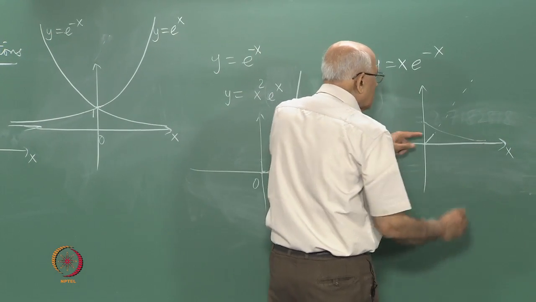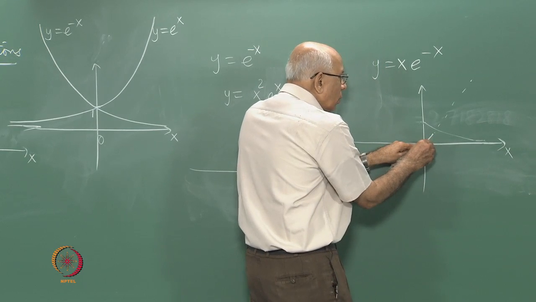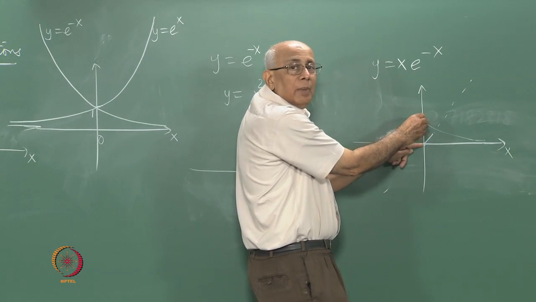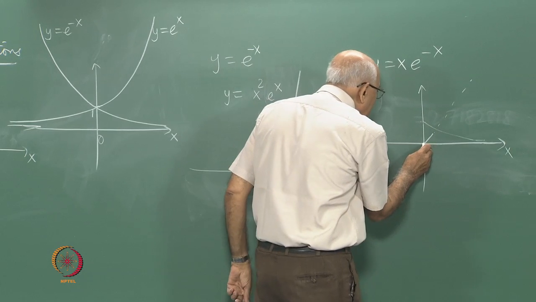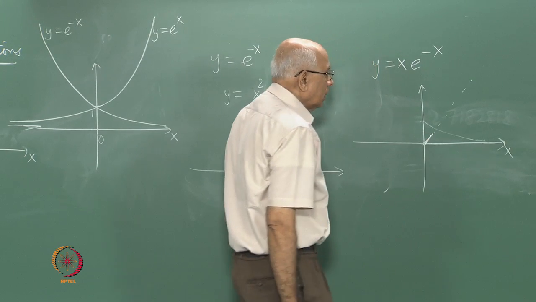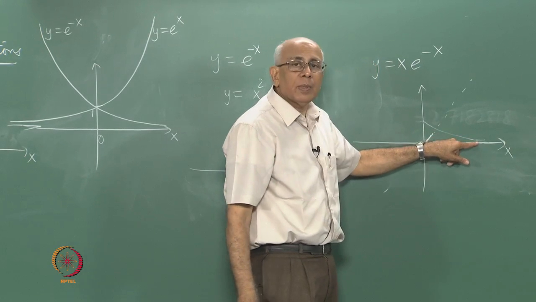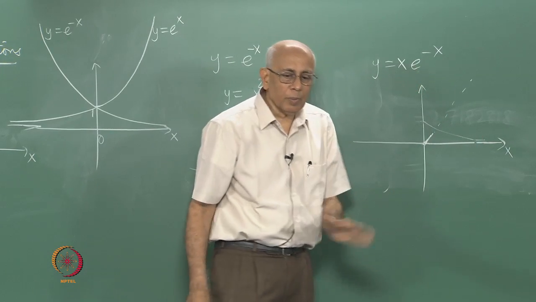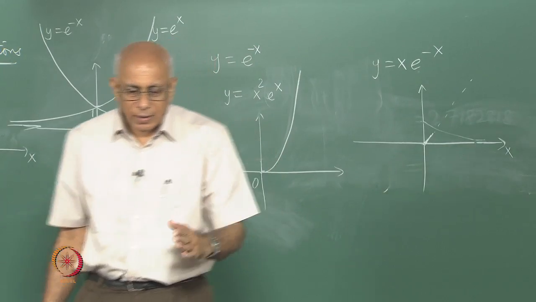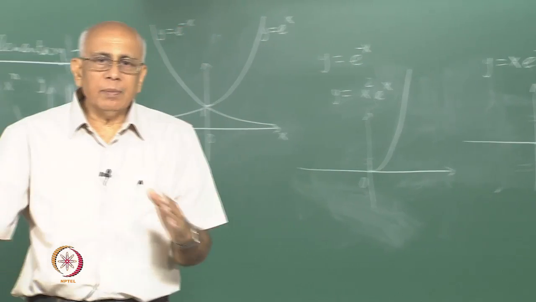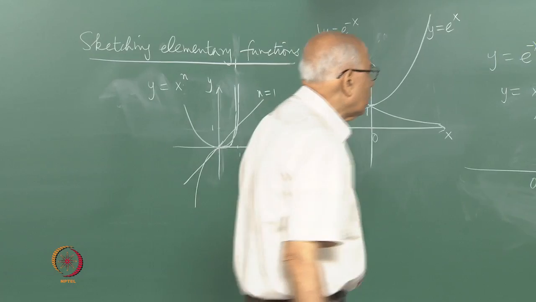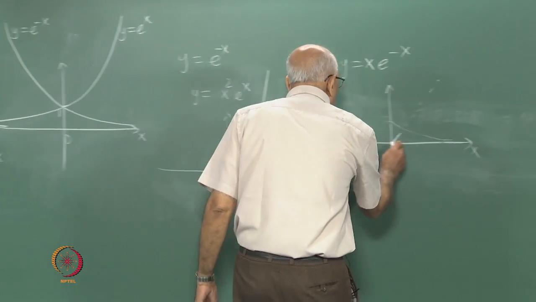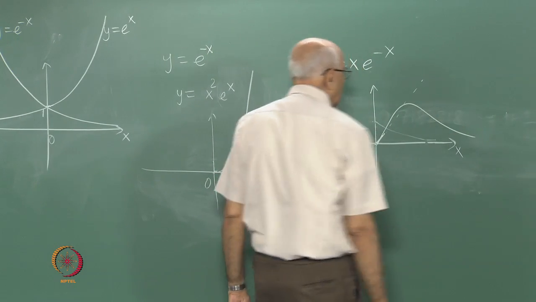So as x goes to 0, this 0 is going to dominate because it is multiplied by a finite number, so the graph indeed takes off like that, but then once x becomes significant, the function drops back to 0 because e to the minus x is dropping to 0 very fast. So it starts at 0, it is guaranteed to go up, and then it must drop to 0 eventually. So the only thing it can do is to go like this and drop down to 0 in this fashion.